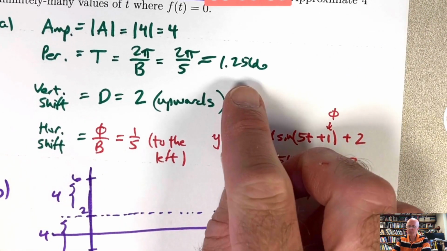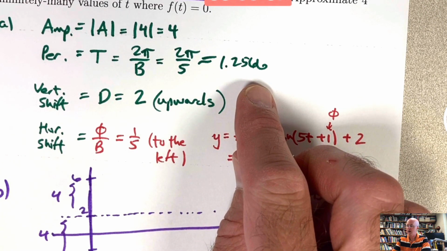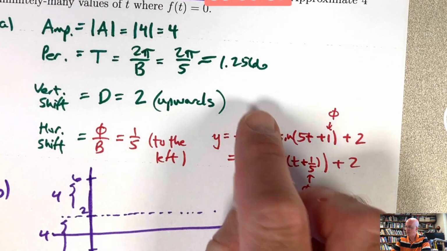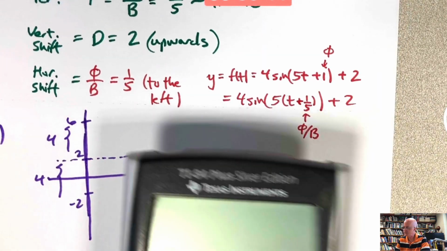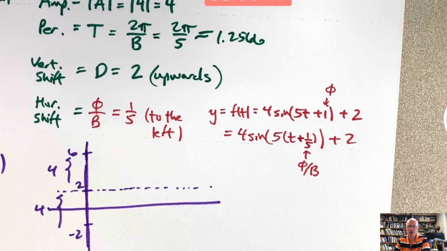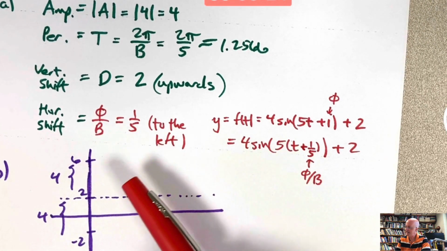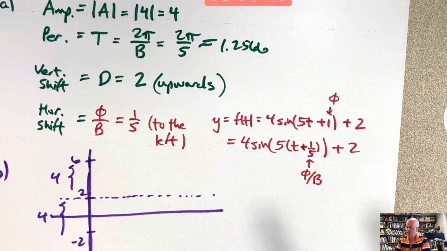The period's about 1.2566. A quarter period would be 1/4 of that. Let's just approximate it, 1.25, okay, just divide this by 4, about 0.314. So our horizontal shift to the left of 0.2 units is smaller than a quarter of a period.